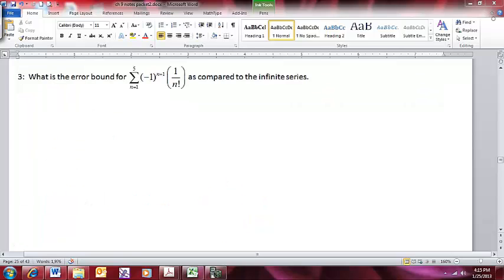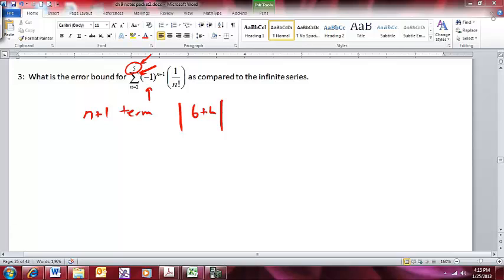In number 3 here, we want to find the error bound for this series that stops at 5, as compared to the infinite series. The infinite series would be the perfect version. Of this, we're only talking about the 5th. So where does it stop? At the n plus 1 term. So we take the absolute value of the 6th term. Since this one stops at 5, we go to 6, so all you got to do is plug in 6.